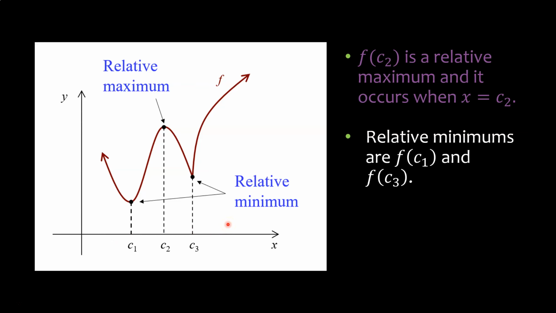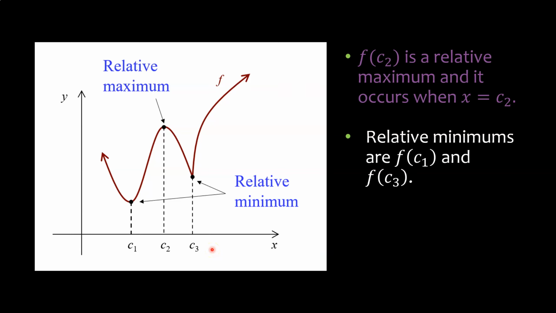Now, what do you think about the actual maximum or minimum over the whole entire domain of this function? Right? Looks like this function has a domain of negative infinity to positive infinity, meaning over the whole entire domain. Does this function have a maximum or a minimum?